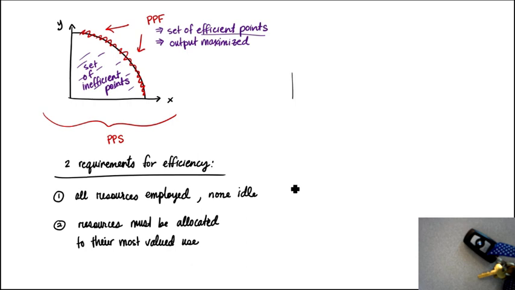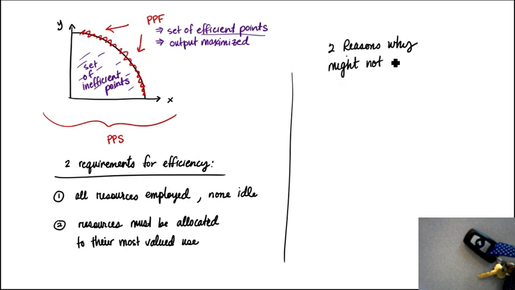Okay, so then from this information right here, let's see if we can figure out 2 reasons why we might not be on the PPF. The PPF is efficient, right? So what would be 2 reasons that we wouldn't be on the PPF? In other words, we're looking at reasons for inefficiency.